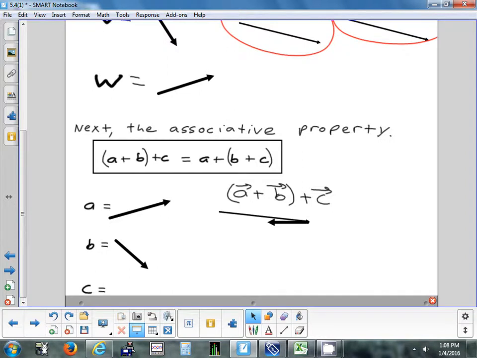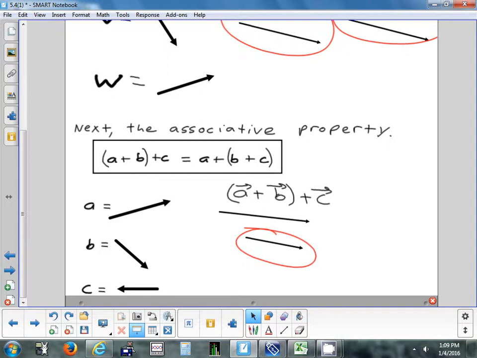Okay, so that's C. And now connect where we started to where we end. That's my answer. Any questions on that? Okay, this part was just A plus B, and then I added C and got that.